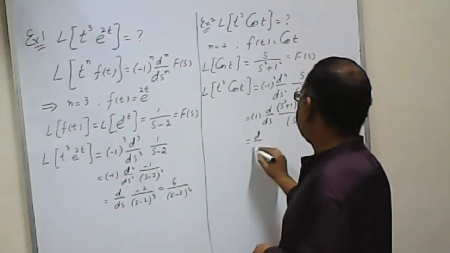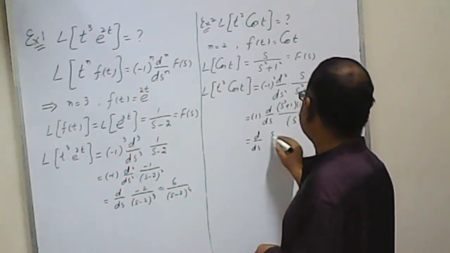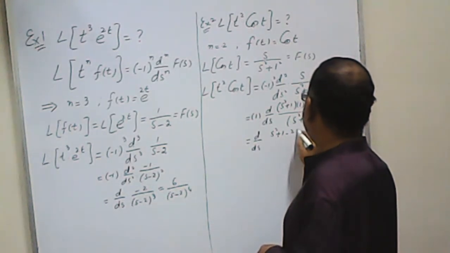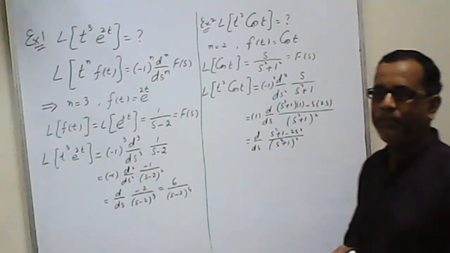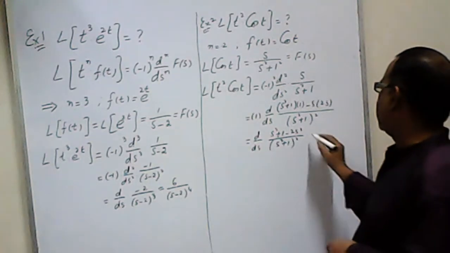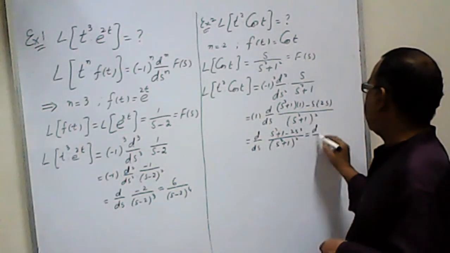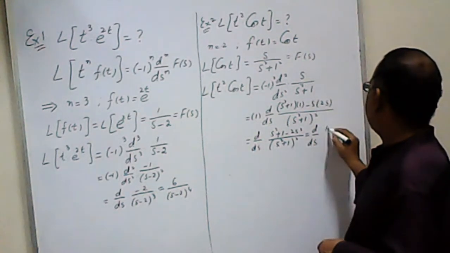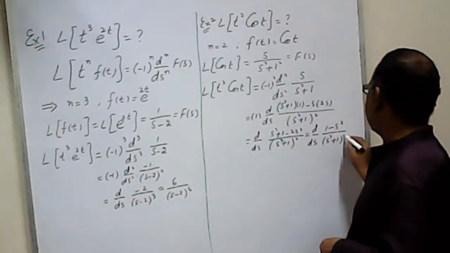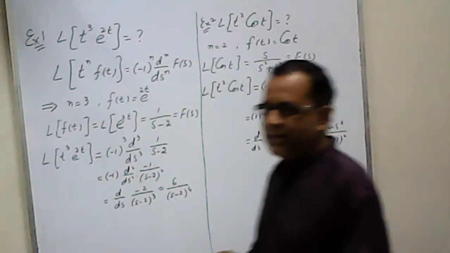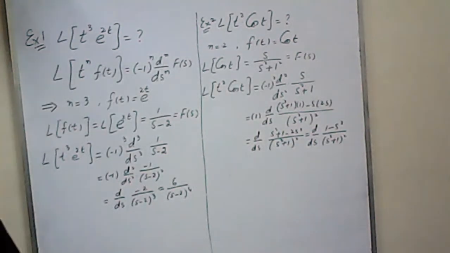So if I simplify this one, this will become s square plus 1 minus 2s square over s square plus 1 whole square. And if you further simplify it, it will become d by ds of 1 minus s square upon s square plus 1 whole square. This is the first derivative.